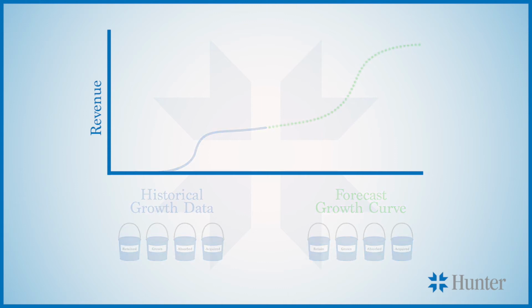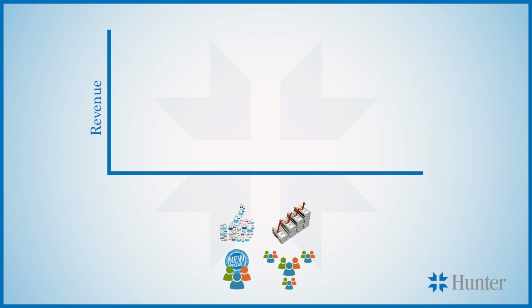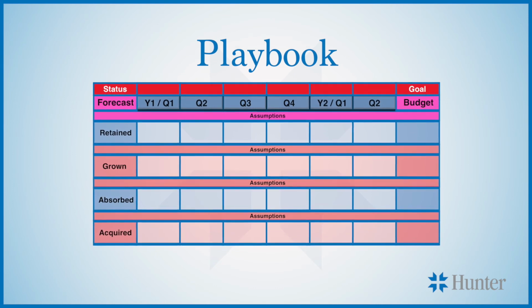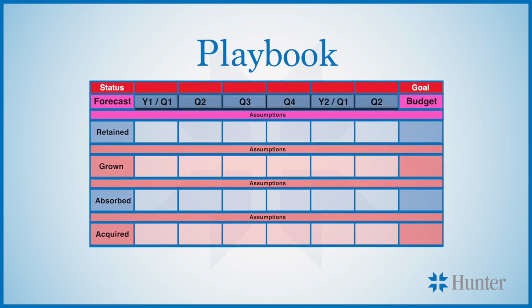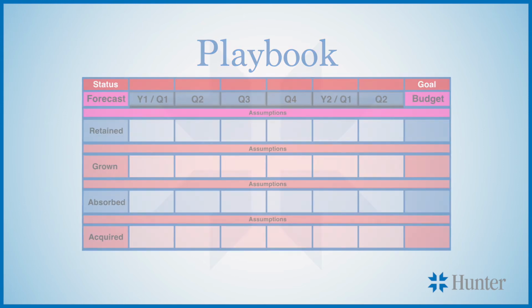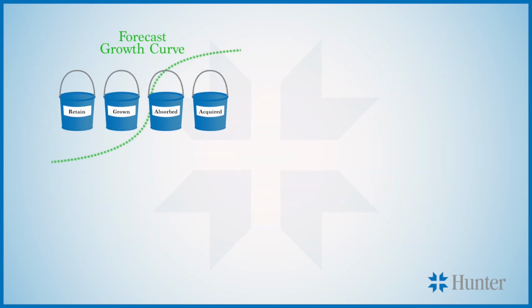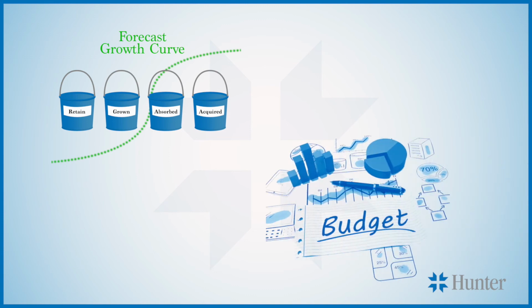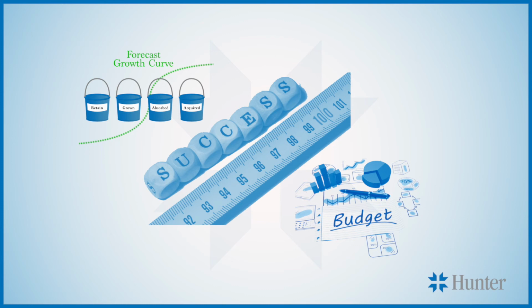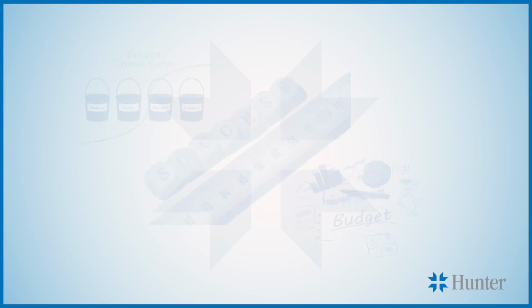Now examine the revenue of the 4 growth components according to these forecasts. Refine the forecast into a budget for next year, making specific changes based on specific assumptions for growth components. The difference between your forecast and your new budget can then be measured with a return on investment for programs in each of those 4 components.